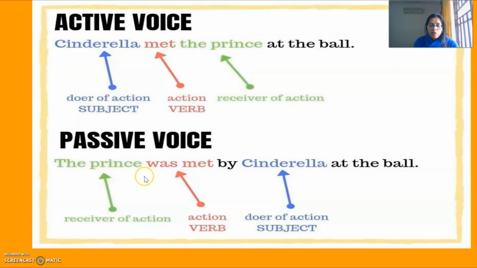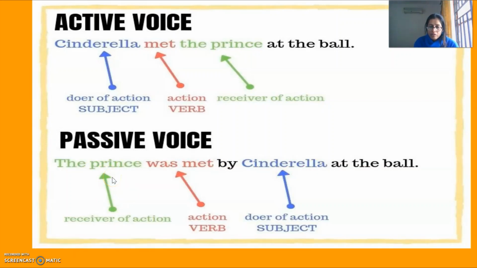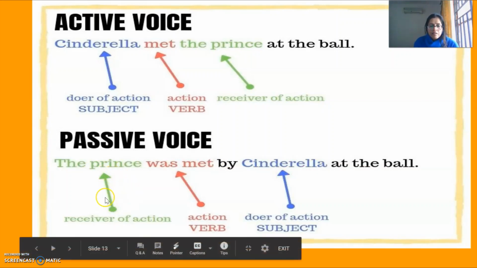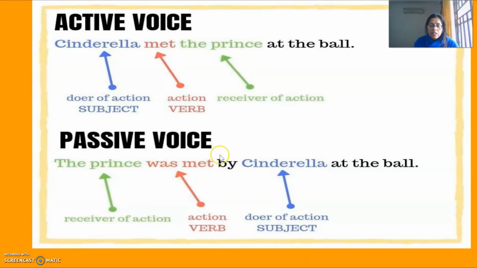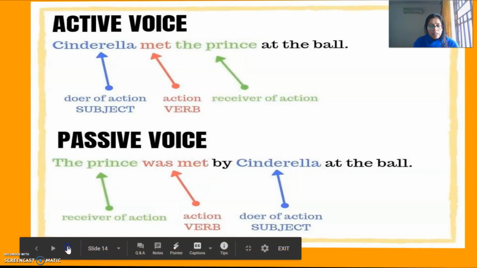The prince was met by Cinderella at the party. So prince is the receiver of the action, and was met is the passive form of the verb, but here met is the active form of the verb, right? Now moving on to my next slide.